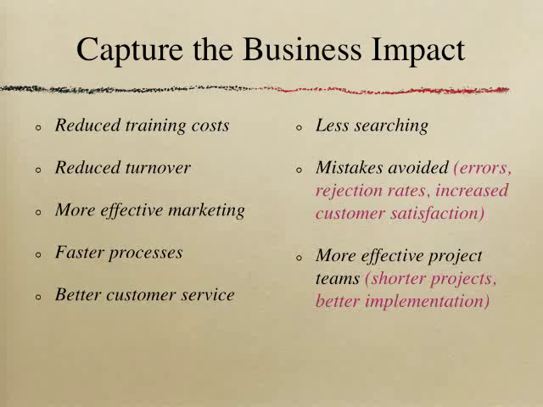You have faster processes. If we have knowledge and we understand it, we have breakdowns in particular pieces of the process. If we understand that, if we work around that, if we work to correct that, we can improve the operational flow of the business. Better customer service.